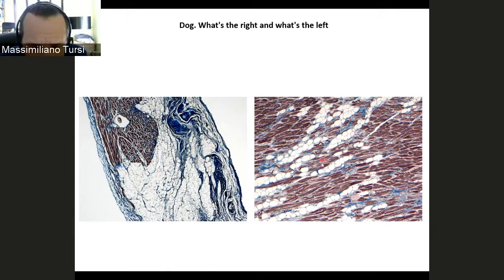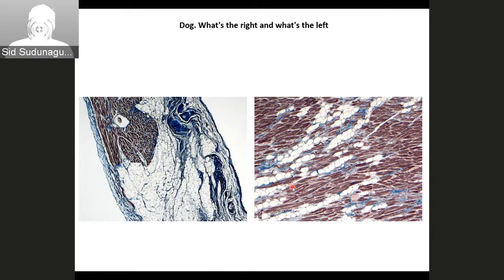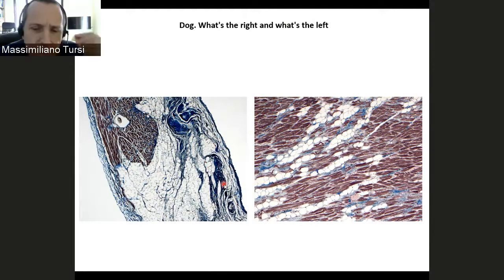And in the opposite, the right picture, could you please repeat the main histological finding? So the normal arrangement of the myocardial cells is interrupted by fibrous and fatty tissue. Yeah, but what about the fat tissue?